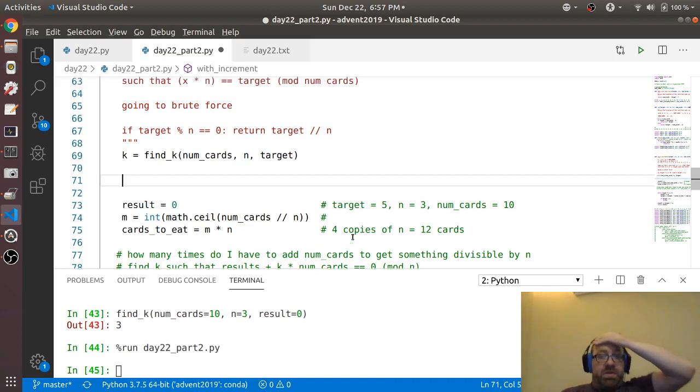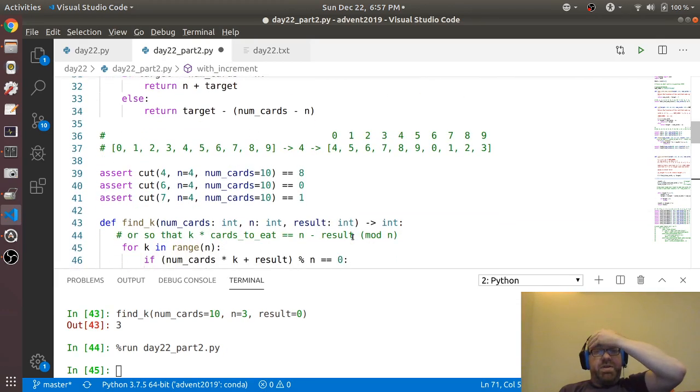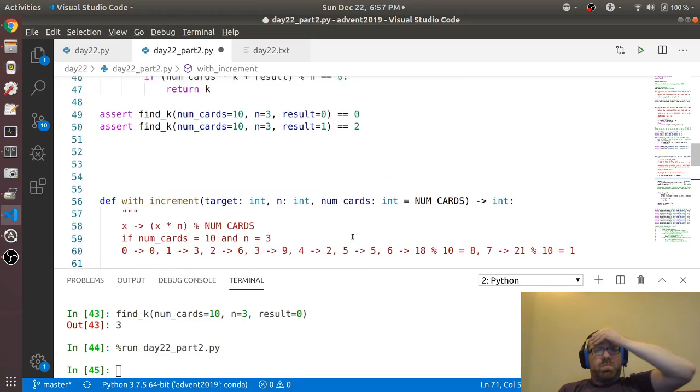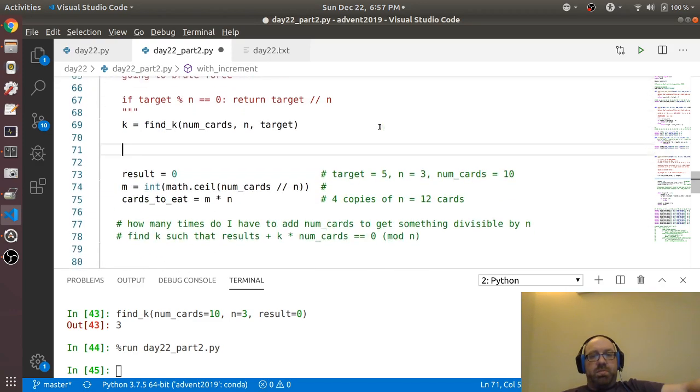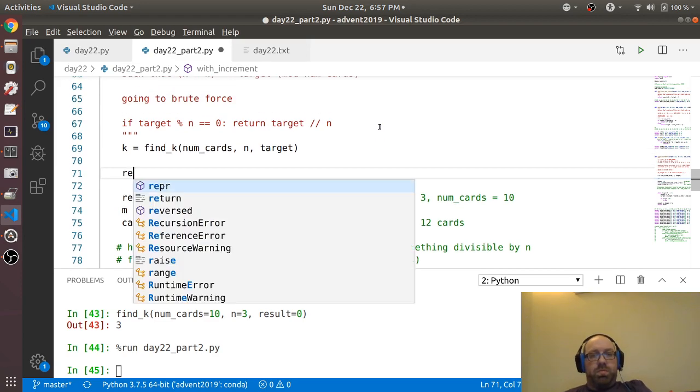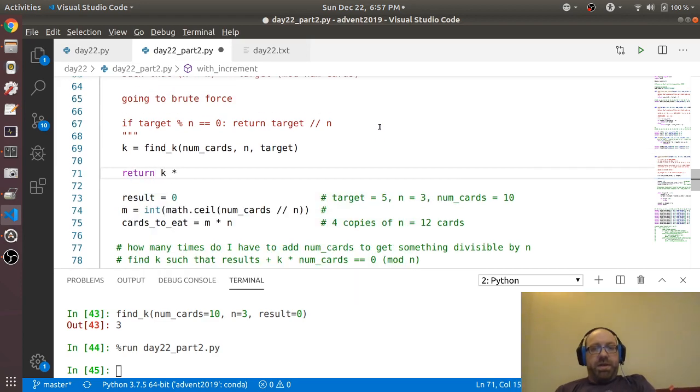Okay, so now what I've done is I've said, let's say I need to get position 1. I say k is 2, which means I add that many. So return k times num cards plus targets divided by n.